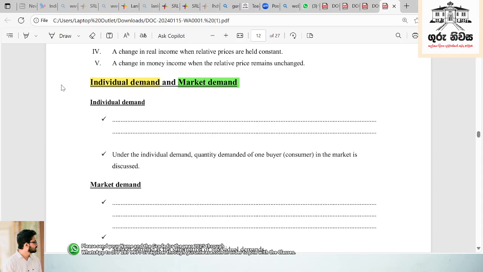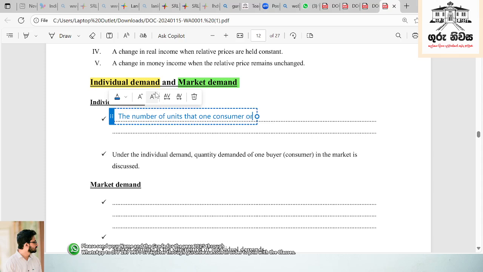Right, put a star mark and write down individual demand. Write down the number of units that one consumer, or you can say buyer, is willing and able to buy at different market prices.